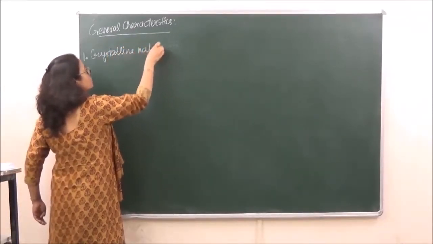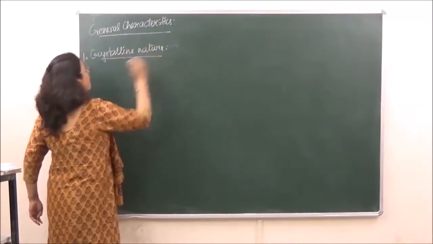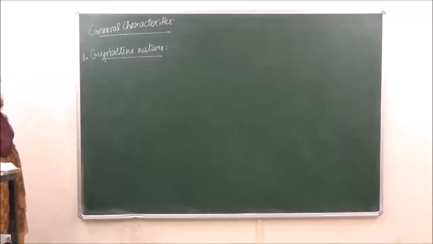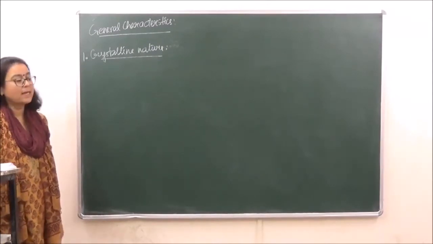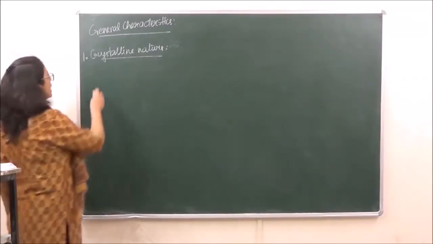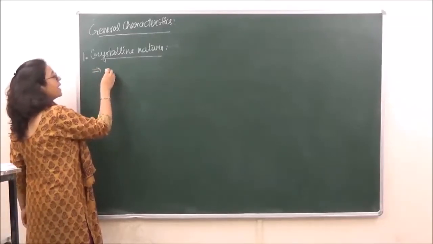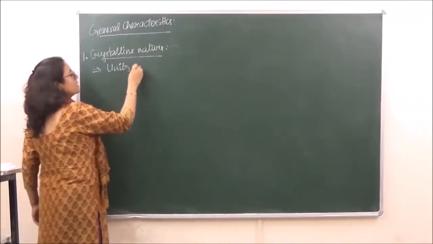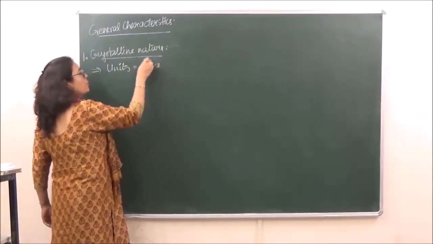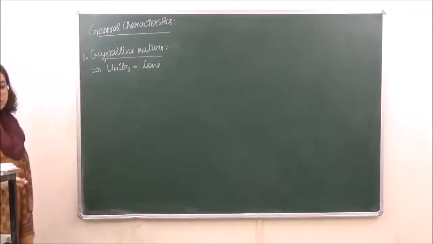All the compounds which have ionic bonds are going to be crystalline in nature. Basically, the units present in ionic compounds are going to be ions and not molecules.